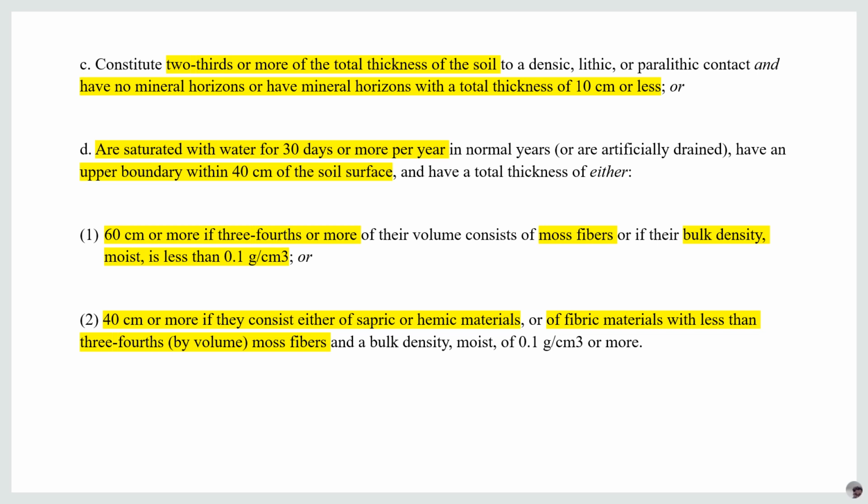So again, if we have flooded conditions, these organic materials should be found in the first 40 centimeters, and the thickness of these organic horizons or layers could be 60 centimeters or 40 centimeters according to the composition of these organic materials.